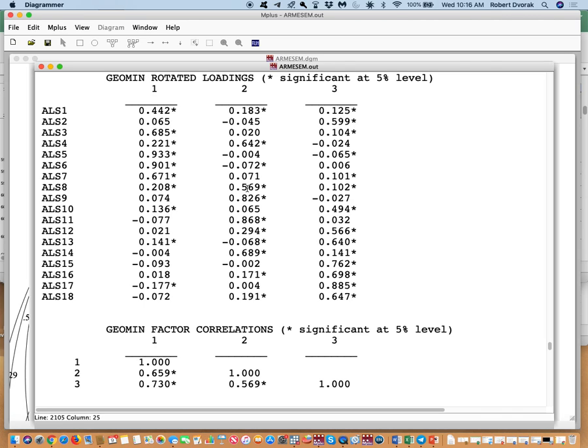How are we going to handle this when we get to the confirmatory analysis? That's a possibility. What's another possibility? Force it to be on 2. We could do that. We could put it on both. We could cross-load it.